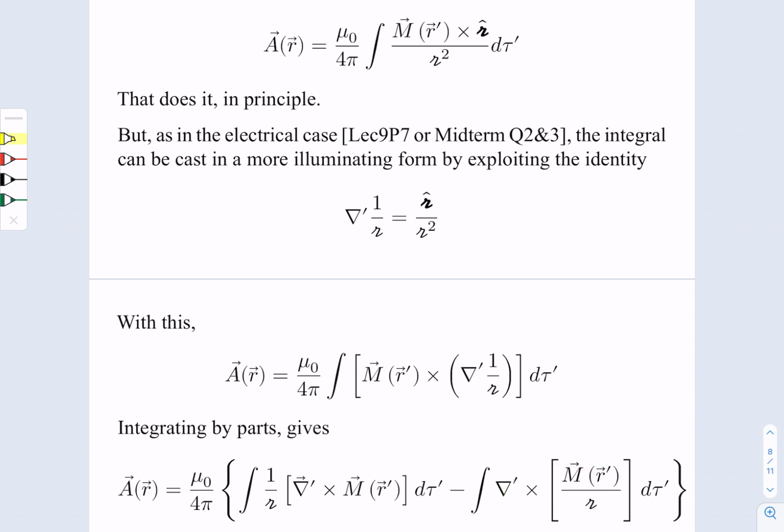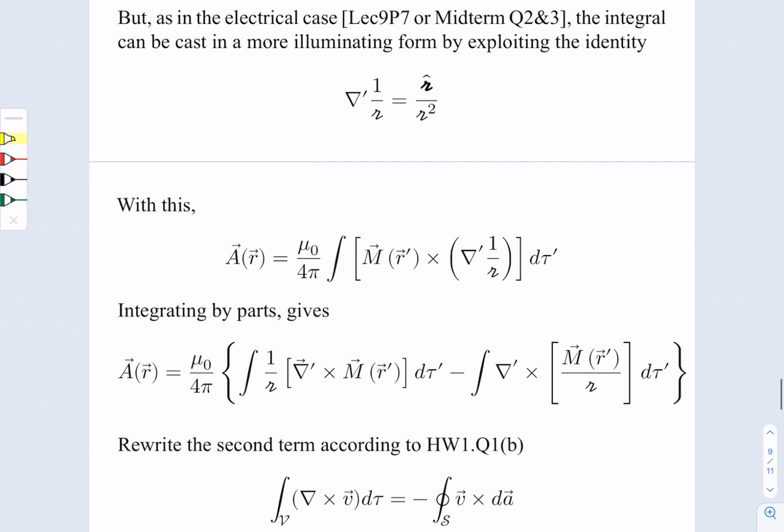We can also apply the del prime to the m vector here and pull this out. So, the integration by parts.